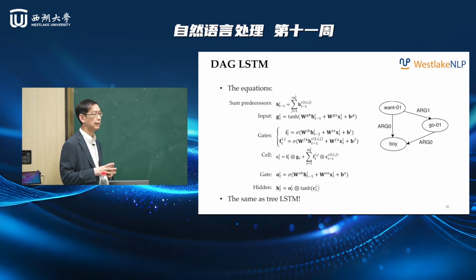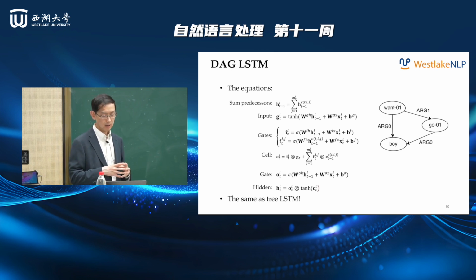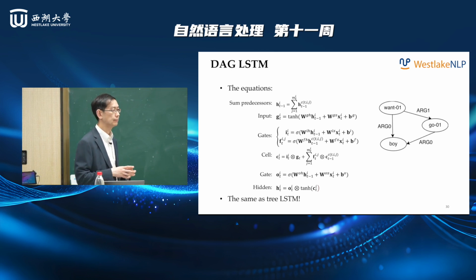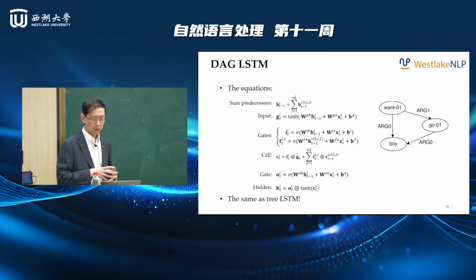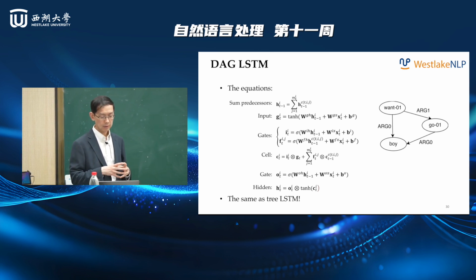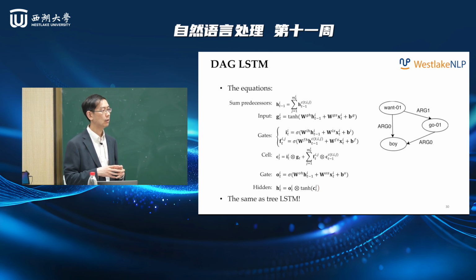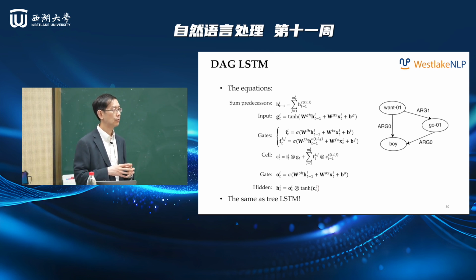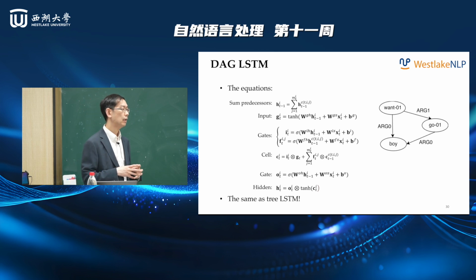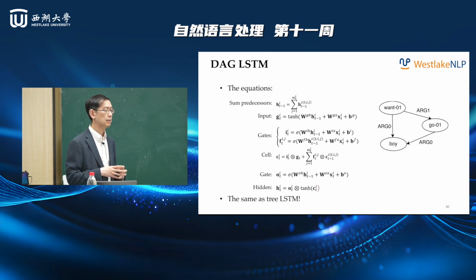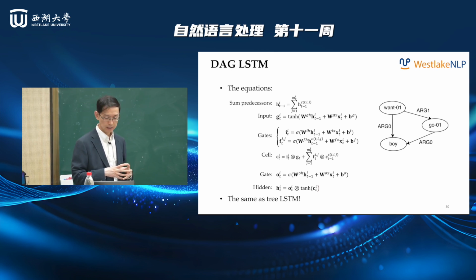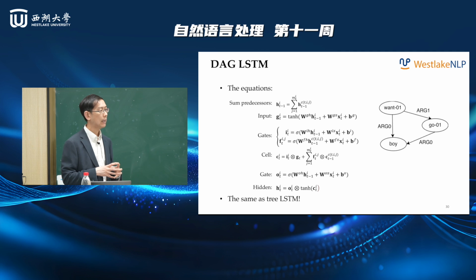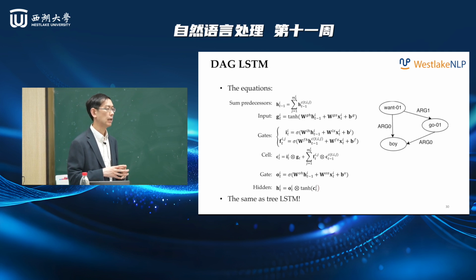I can borrow ideas from child-sum tree LSTM. Okay? Now let me consider every node. Every node can receive information from multiple child nodes. Why do I still have the idea of child node? It's because this graph is directed. Once we have a directed graph, we can have a layer concept.